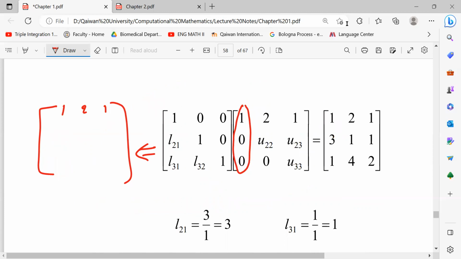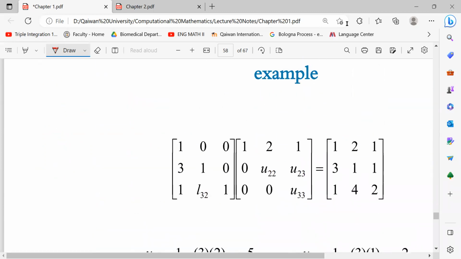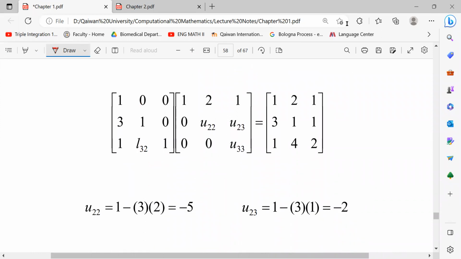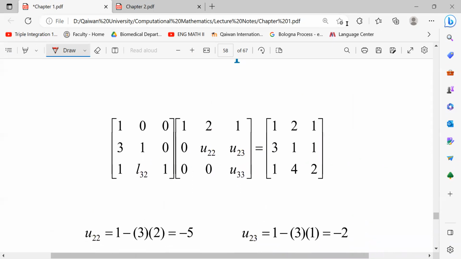Now this is 3 and this is 1. We found these two, so we replace these two by their values. This is 3, this is 1. And we get these two matrices. Now, what else should you find? It's easy to find these two.